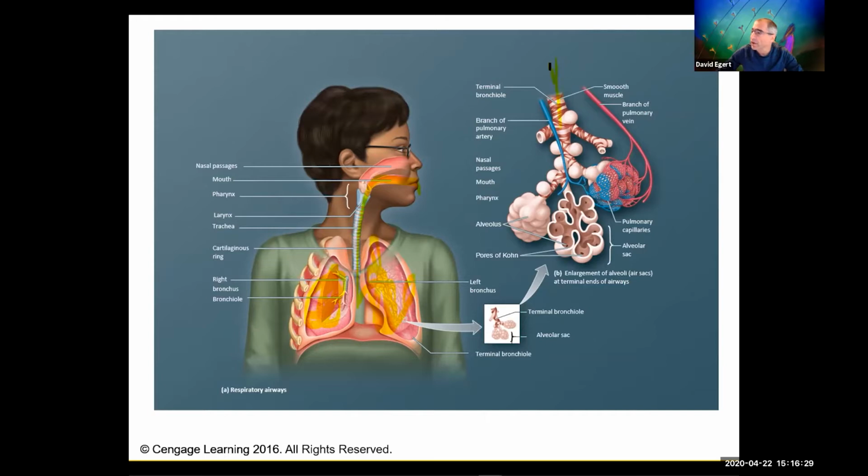Then we had all those conducting zones, all the little paths going down the trachea, the bronchi, terminal bronchiole, finally into the alveoli. And the alveoli is where we had the external respiration, where we actually had the movement, the diffusion of oxygen from the alveoli into the bloodstream.